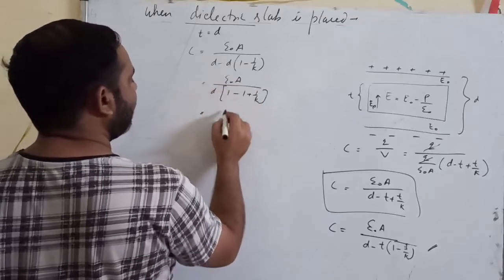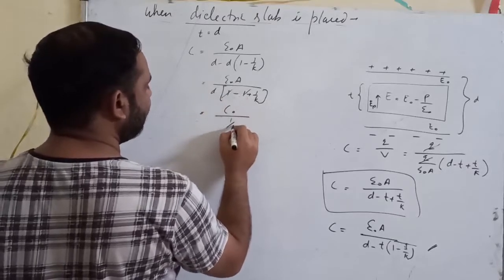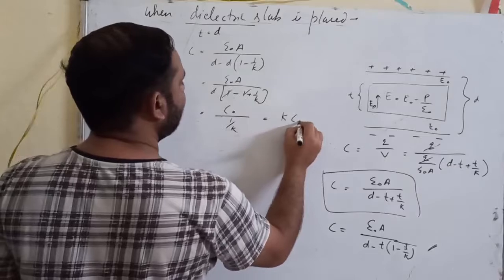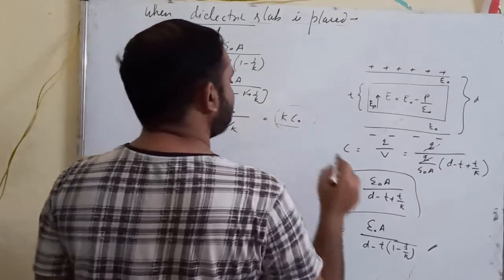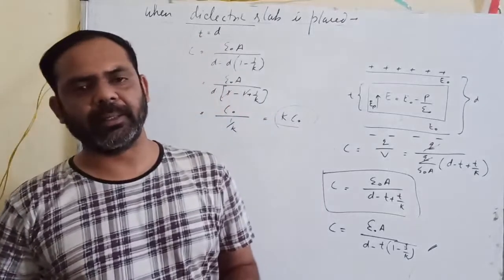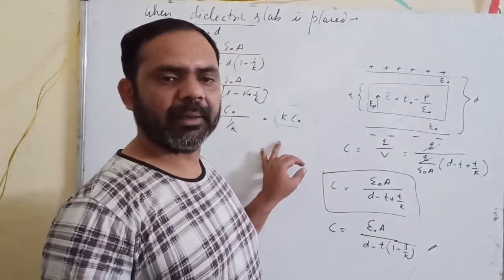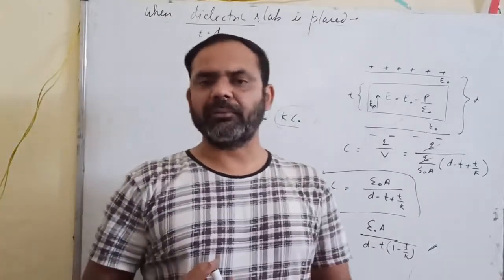This epsilon naught A upon d is C naught, and 1 and minus 1 cancel, giving K times C naught. So if the whole space between the plates is occupied by the dielectric slab, the capacitance becomes K times, where K is the dielectric constant of the material.